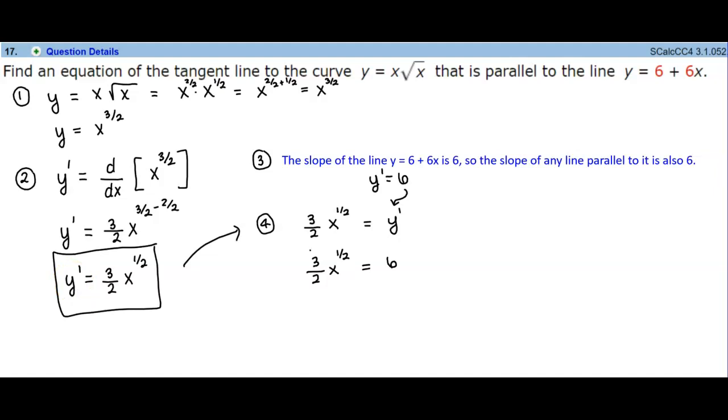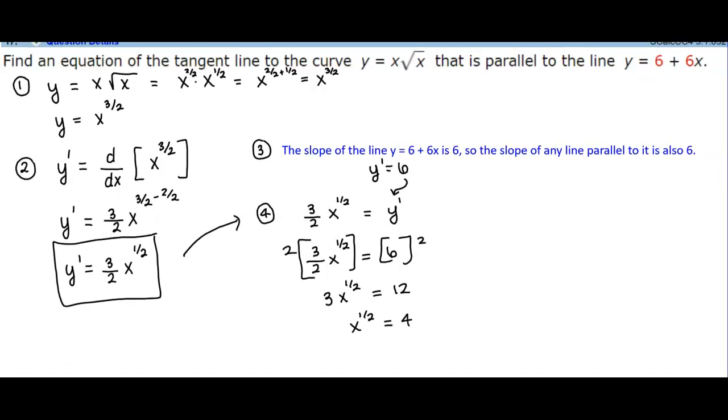Now we're going to multiply both sides by 2. So we have 3x to the 1/2, and that's going to equal 6 times 2, which is 12. Now we're going to divide both sides by 3, and so we have x to the 1/2 equal to 4.